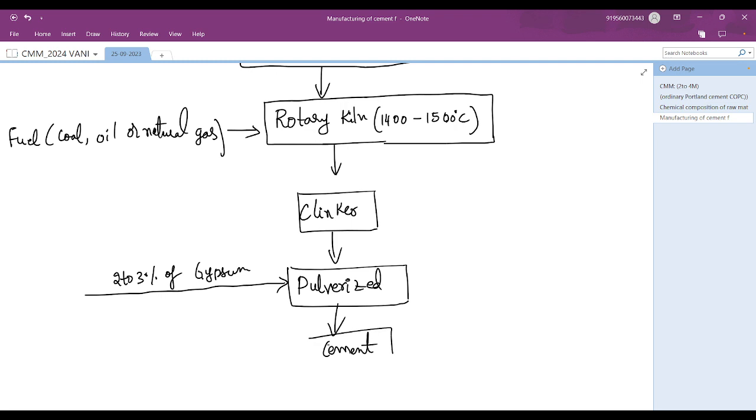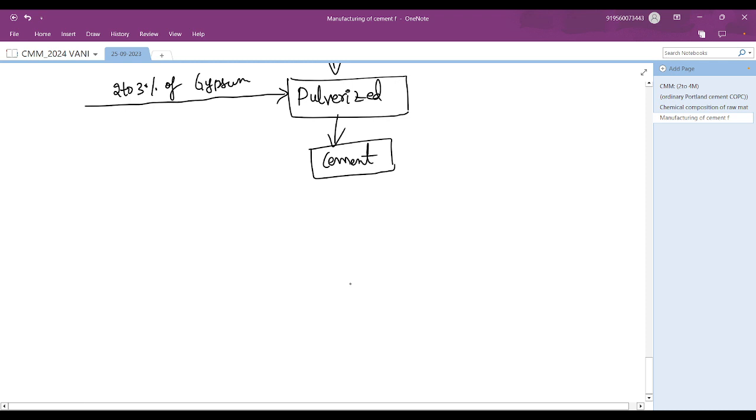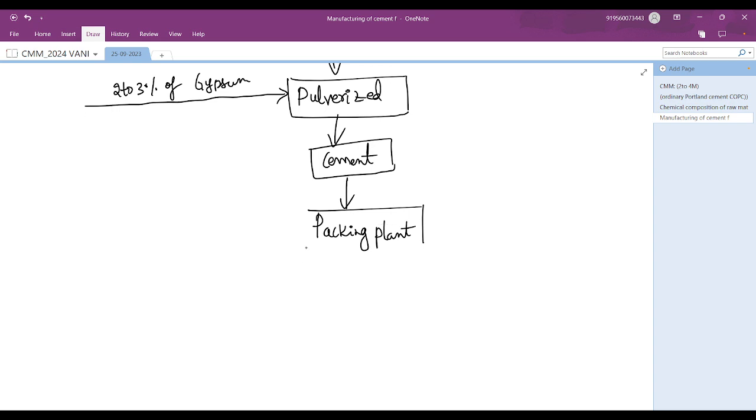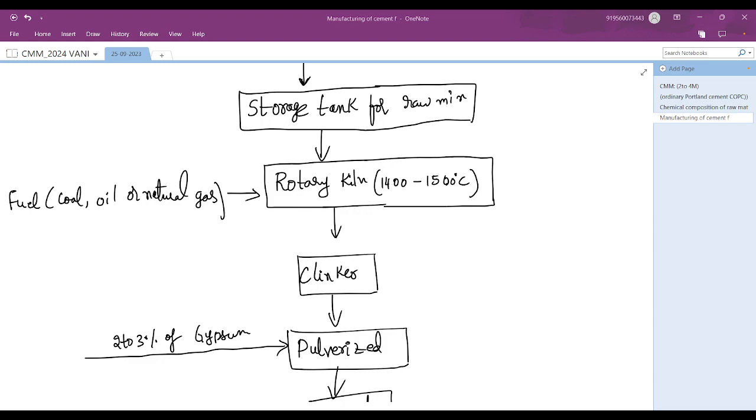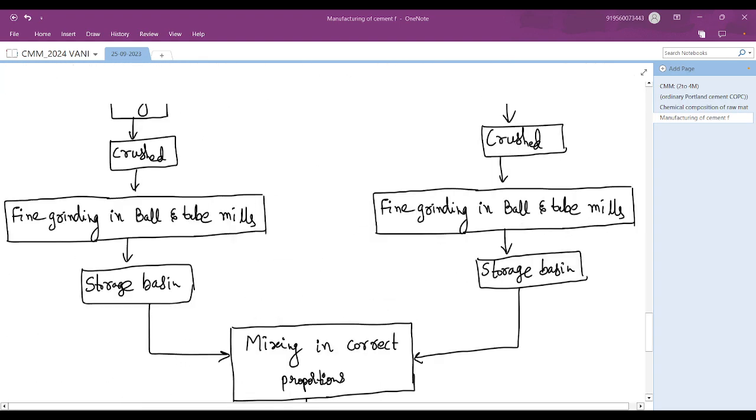After formation of the cement, we take it to the packing plant, where it is dispatched. Okay, all of you, this is the dry process.